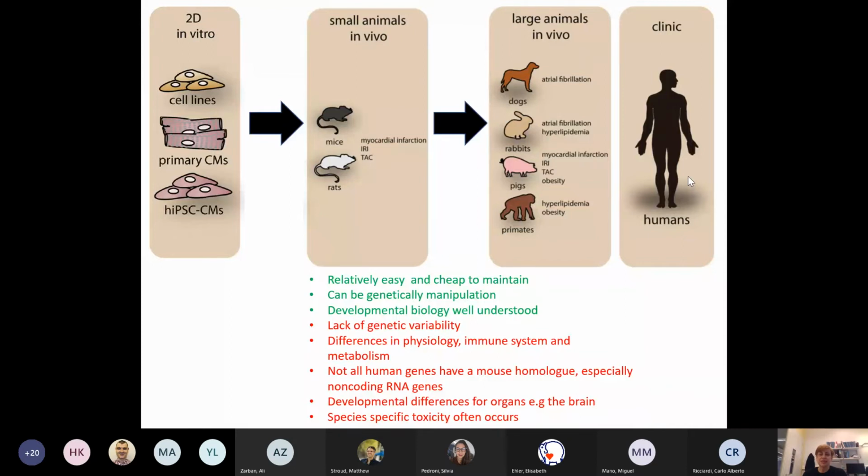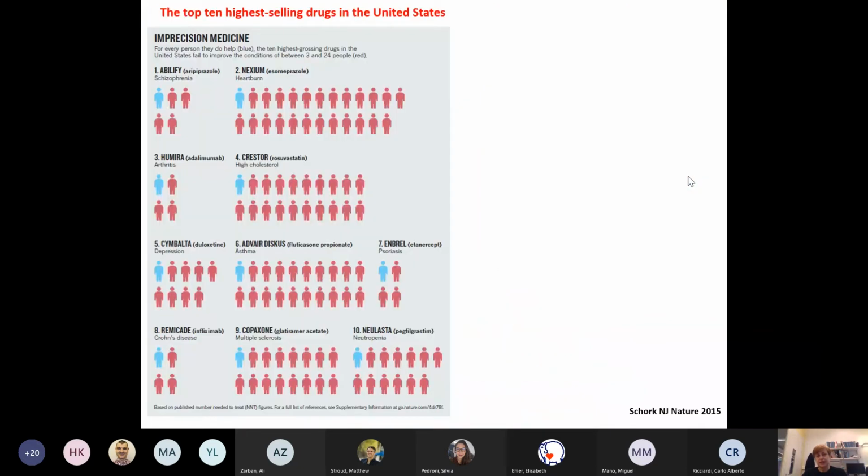And I am an RNA person, so I have to mention also that not all human homologs are present in mice, especially the non-coding RNA genes. Also, there are developmental differences for some organs like the brain, and also we can detect species-specific toxicity in several cases.